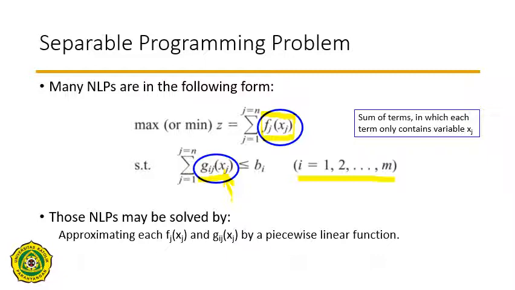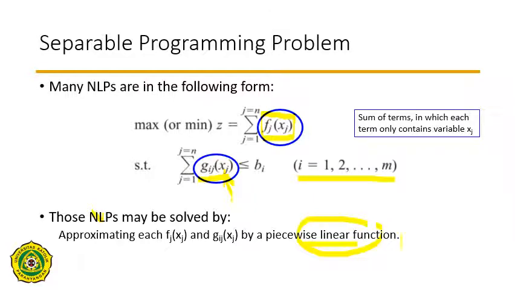As I've said before, this separable programming may be solved by converting the nonlinearity into all linear things. The idea here is that we are going to approximate the function, which is originally nonlinear, by several piecewise linear functions.